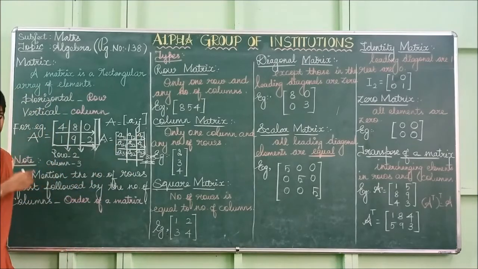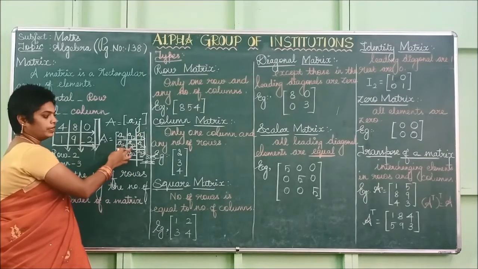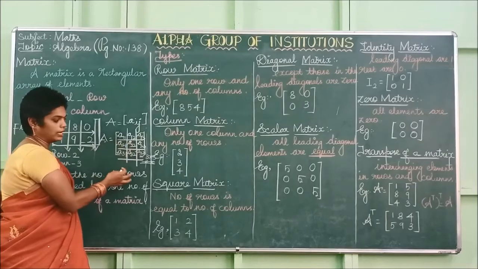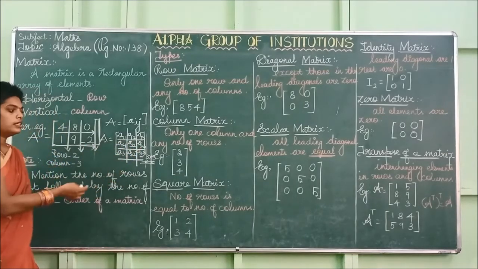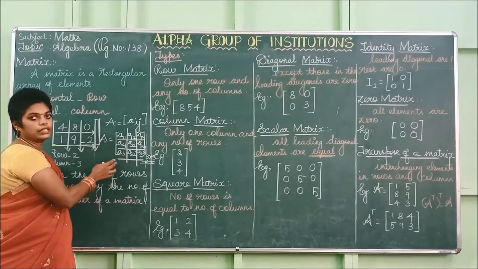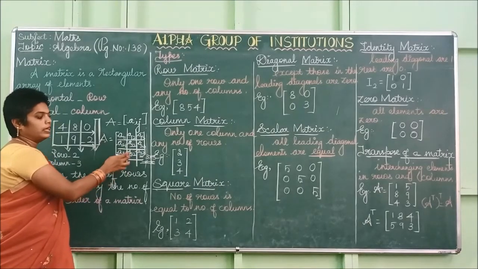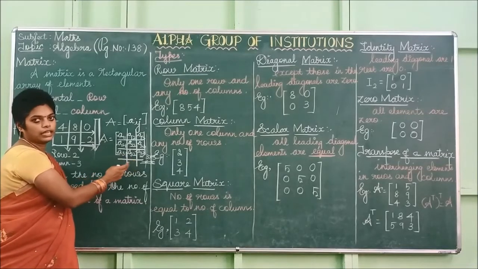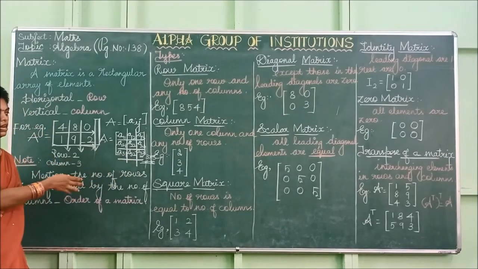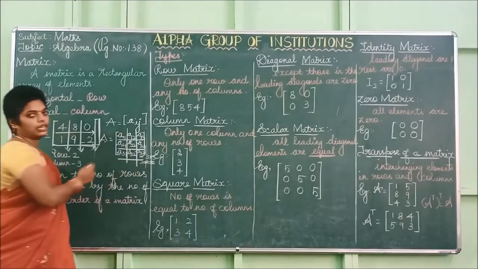Then A21, second row, first column. A22, second row, second column. A23, second row and third column. Then A31 means third row, first column. A32, third row, second column. A33, third row, third column. So this is for a 3 cross 3 matrix.